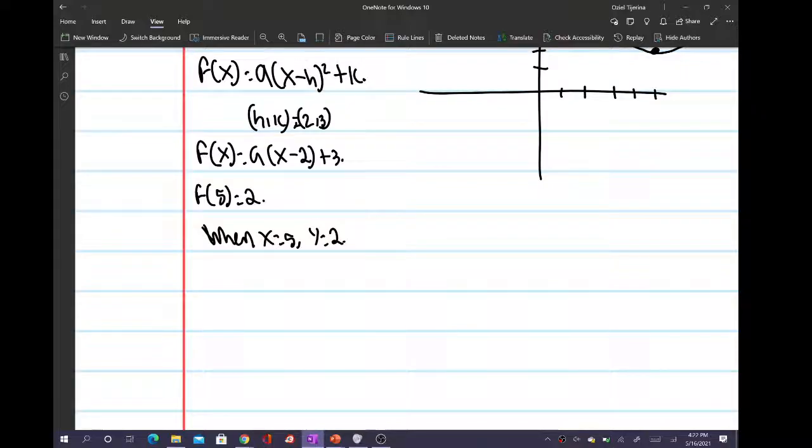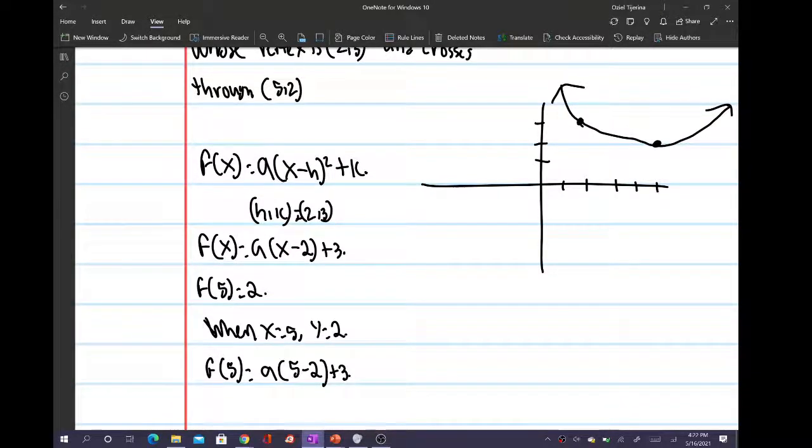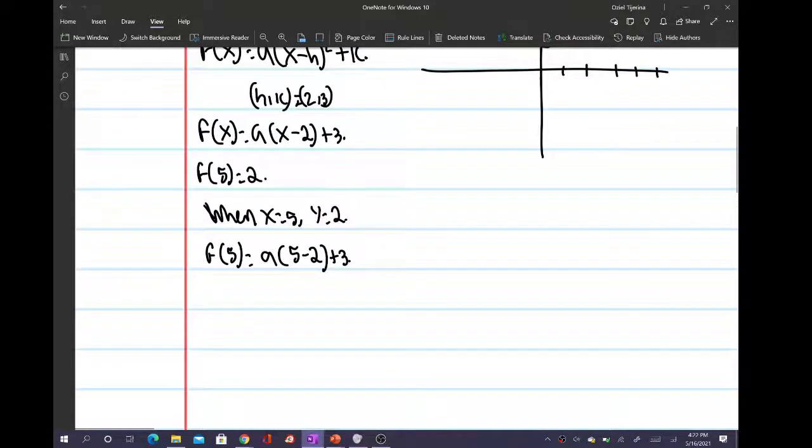We can plug in: f of 5 is equal to a times the quantity (5 minus 2) squared plus 3. Now, we know that f of 5 is 2 because when x equals 5, y equals 2, so we can plug that in for f of 5.